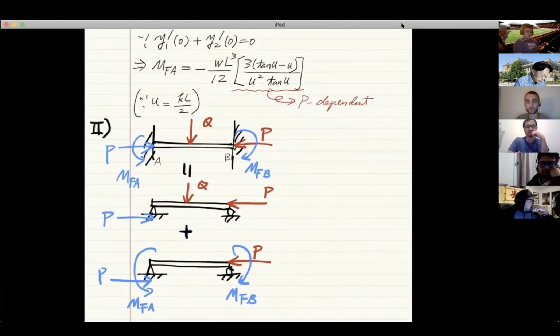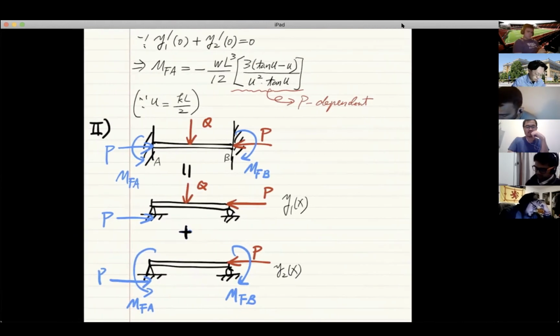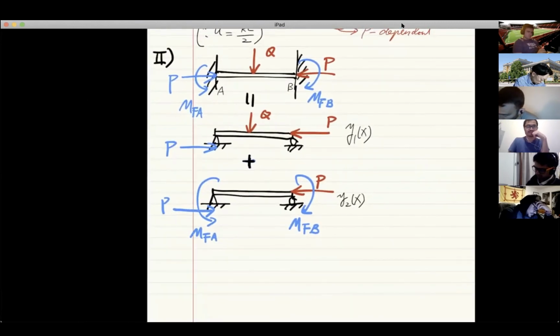The same idea here. We're going to use this to be y1, and this y2. And the same thing that we did before, you have the expression for y1 and y2. So we're going to call it here. In the first step, we're going to say what is the y1 and what is the y2?